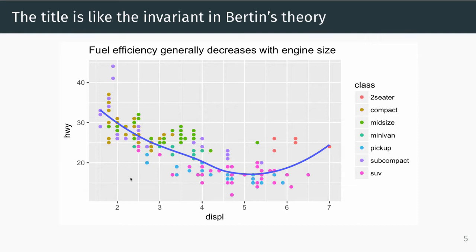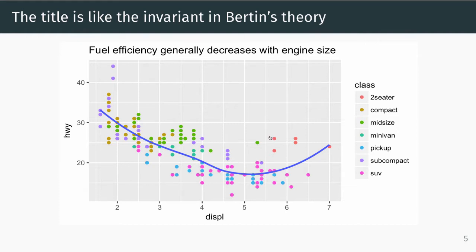Wickham and Grolemund suggest that the title should be a little bit different from the invariant in the sense that Bertin might say that the title should be fuel efficiency and engine size, and Wickham and Grolemund say that you should say what the finding is. So fuel efficiency generally decreases with engine size.